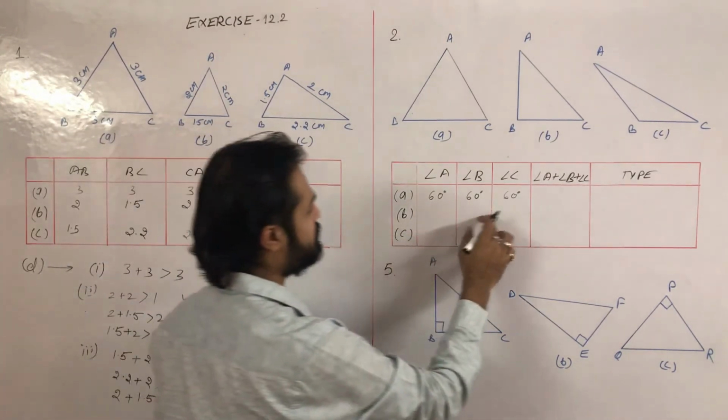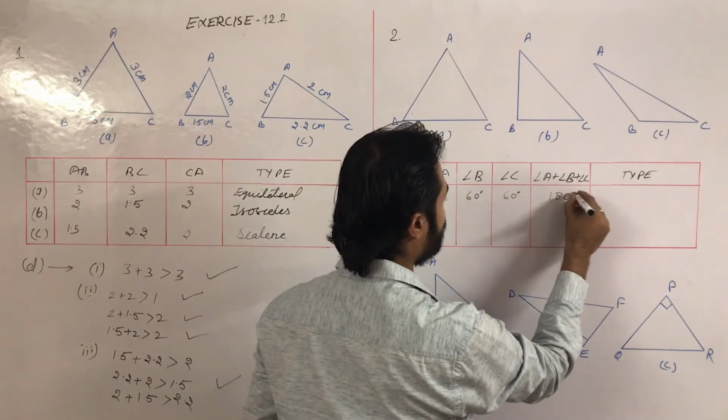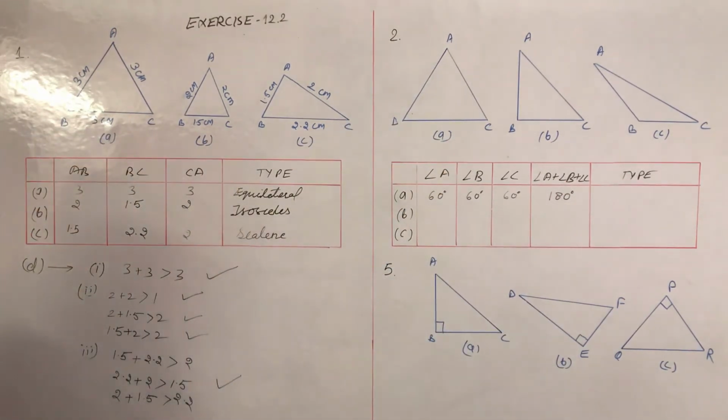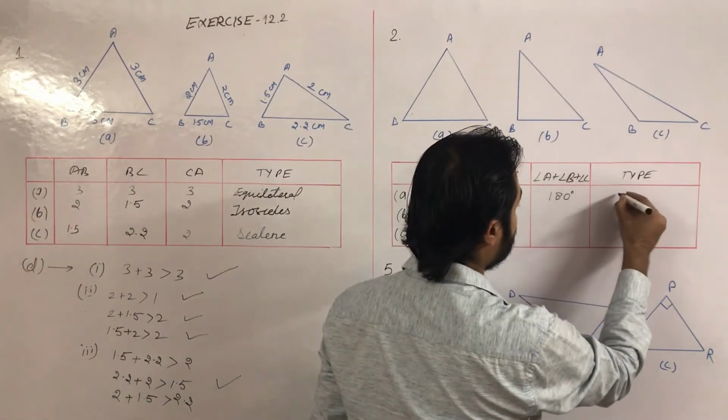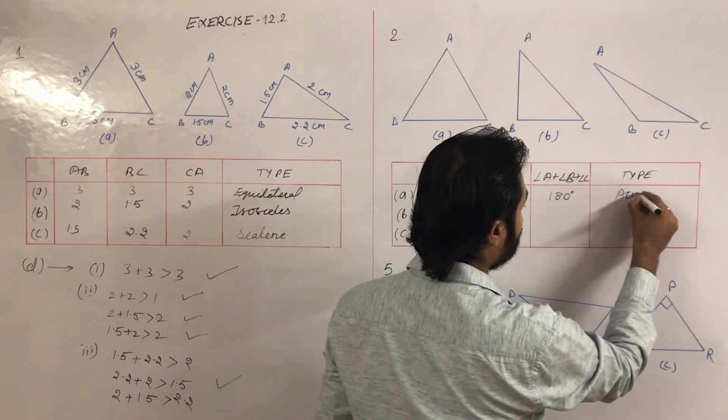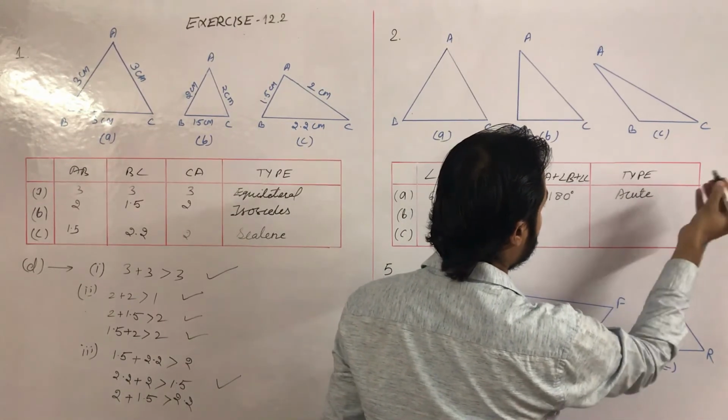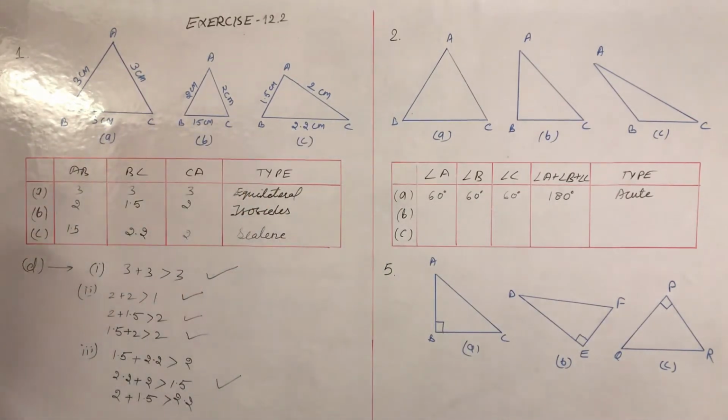So totally 60 plus 60 plus 60 is 180 degrees, right? If all three angles are equal, then we can say that it's an equilateral triangle. Based upon classification of angles, it's an acute angle triangle because all three angles are less than 90.